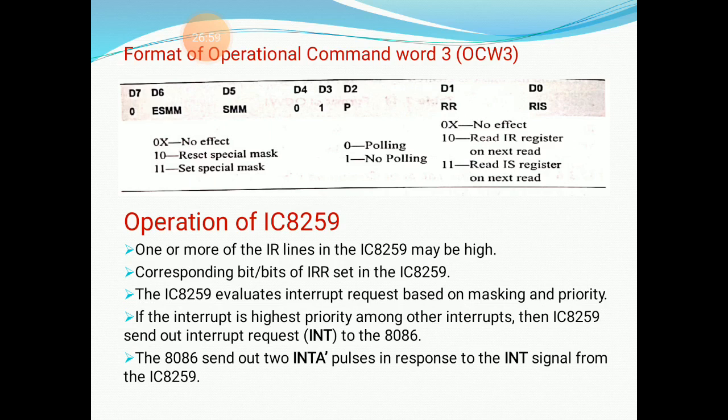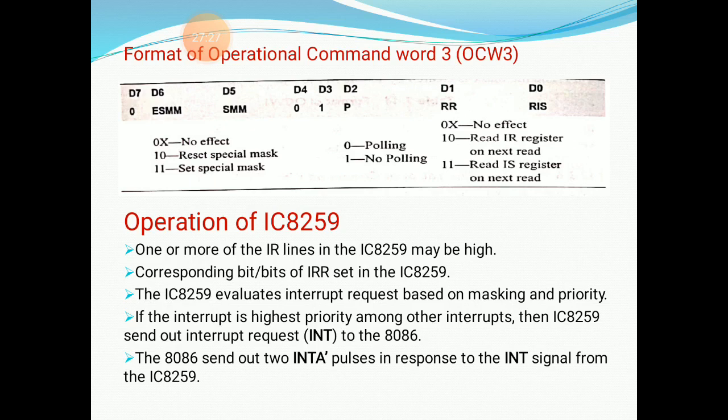And bit D2 belongs to P. P indicates polling. If it is 1, polling, 0, no polling. That is, the interrupts can be selected based on polling. D3 becomes 1, always 1. D4 becomes 0. And D6, D5, these 2 bits perform various operations. D6 indicates enable special mask mode.